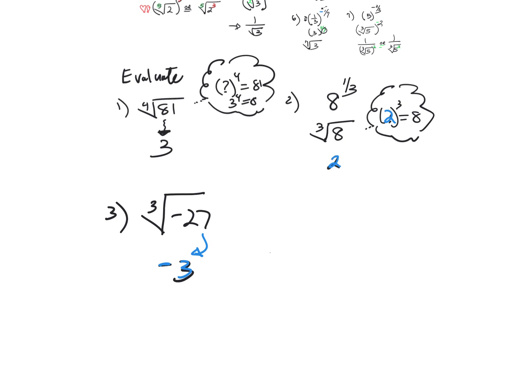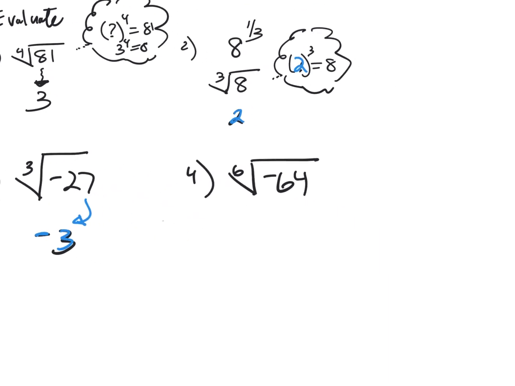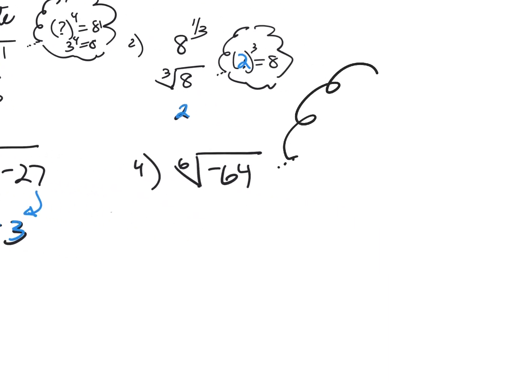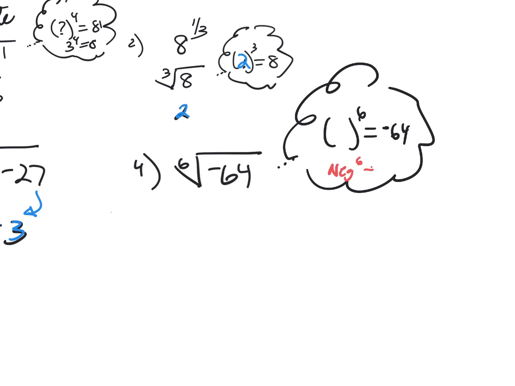What about number 4, the 6th root of negative 64? So we're thinking, what could you raise to the 6th power that would give you a negative 64? And remember, when you take a negative number to the 6th power, that will always come out to be positive, and a positive to the 6th power is always positive. So how are we going to get this negative?